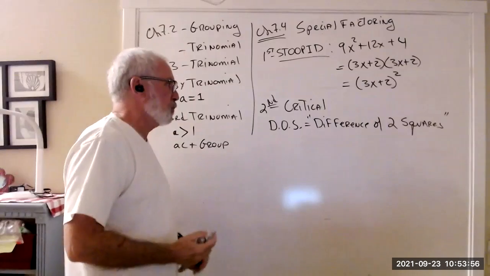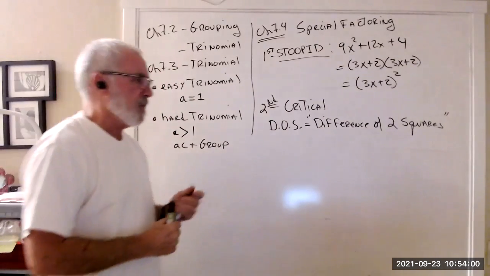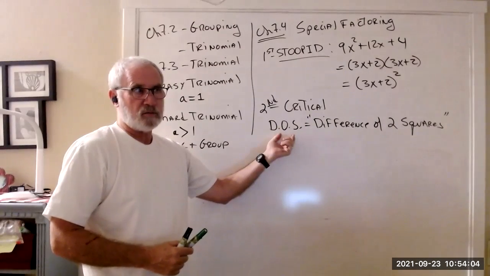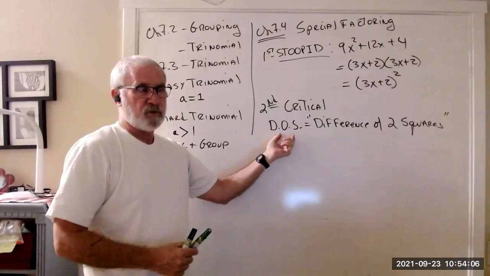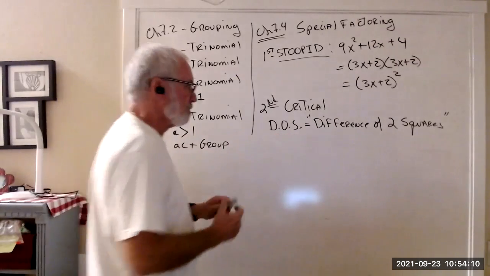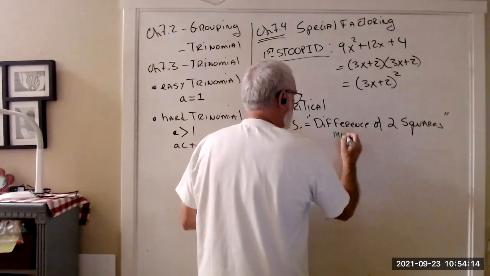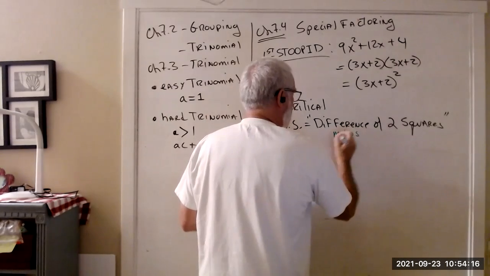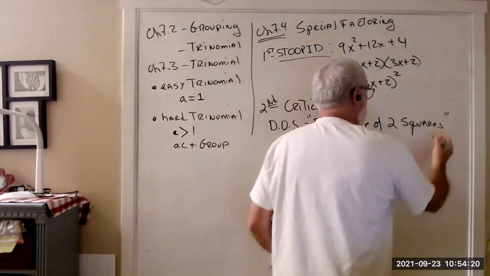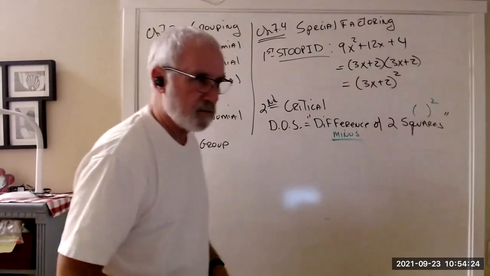Difference of two squares. DOS, D-O-S. Remember, in Spanish, dos means two, so that's a hint. A couple of things here. The word difference in math means minus, and squares in math means something to the second power.